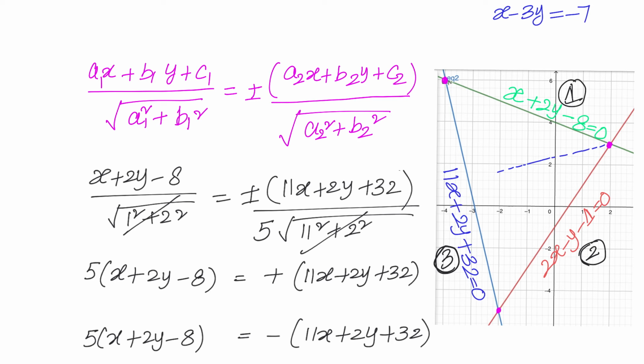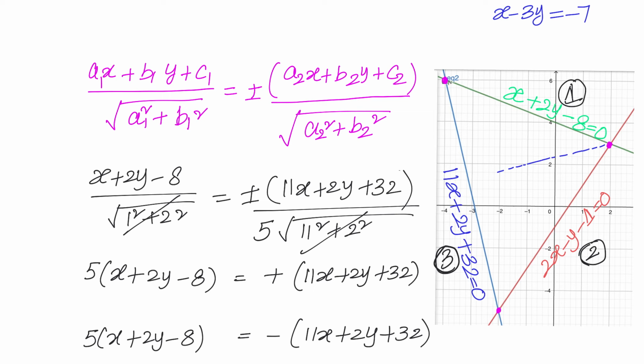Now, if you look at lines 1 and 3, line 1 is intersecting at 4, and this line will be intersecting at minus 16. So the y-intercept of the line we are getting should be between 4 and minus 16. So let's go to the first one and check it now.